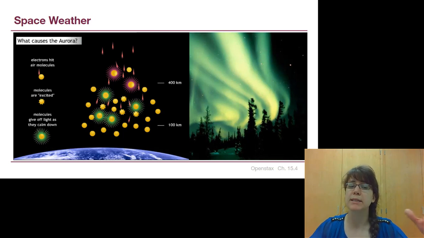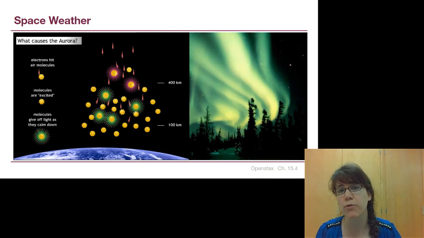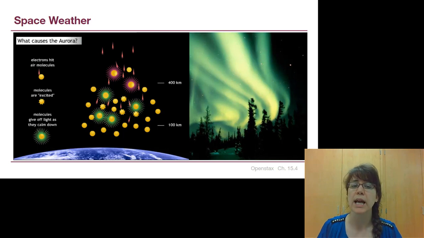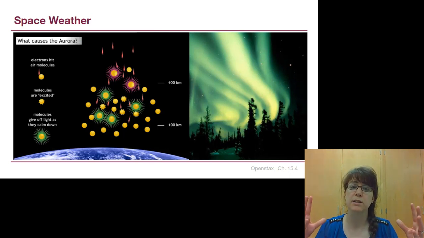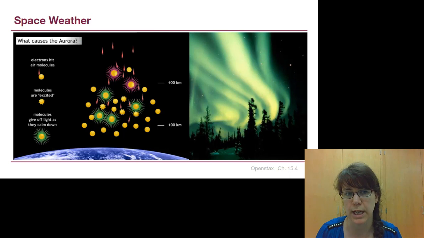And in order to drop back down into that neutral ground state, we have to give off energy. And that's what's happening. Those molecules are giving off photons. They're giving off light as they go from their excited state back down to their neutral state. And that's what's happening in an aurora.